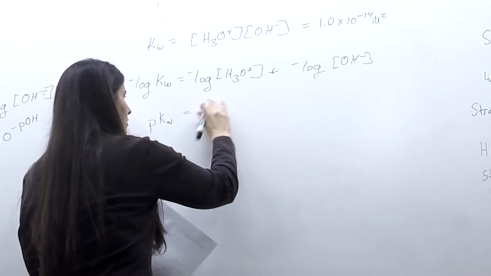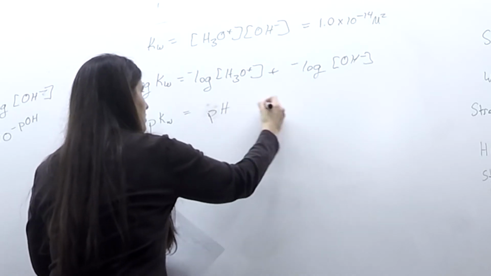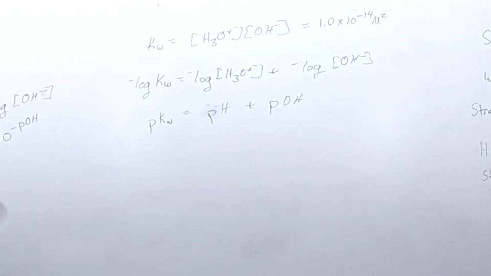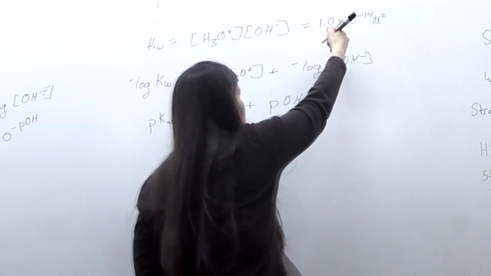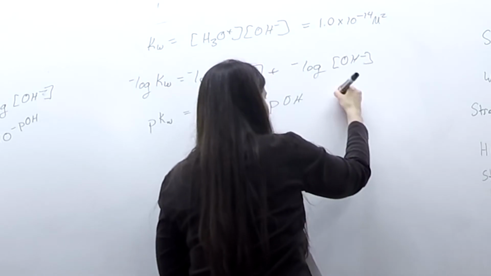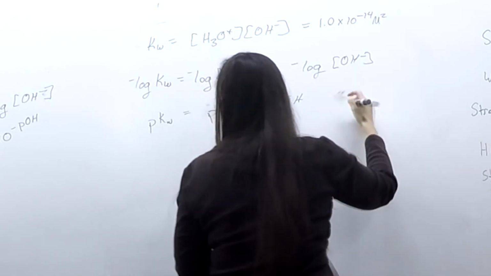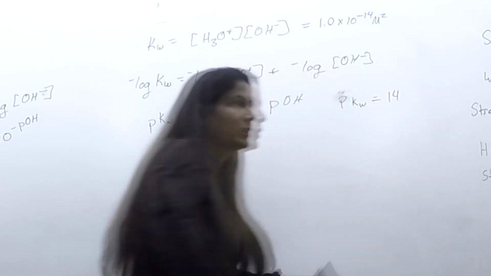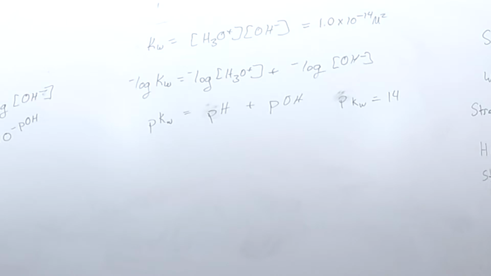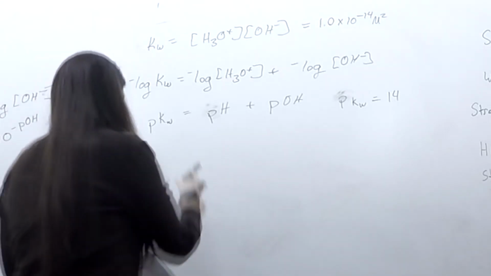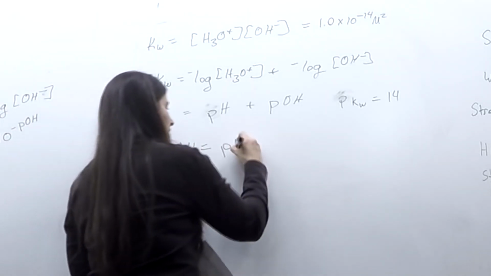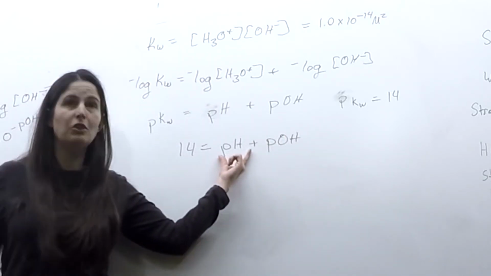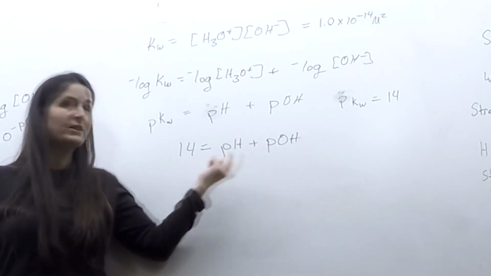We get pH plus pOH. And pKw is just the negative log of this. So the pKw is 14. So 14 equals pH plus pOH. So if you have one of these values and you need the other one, you just take 14 minus that value.